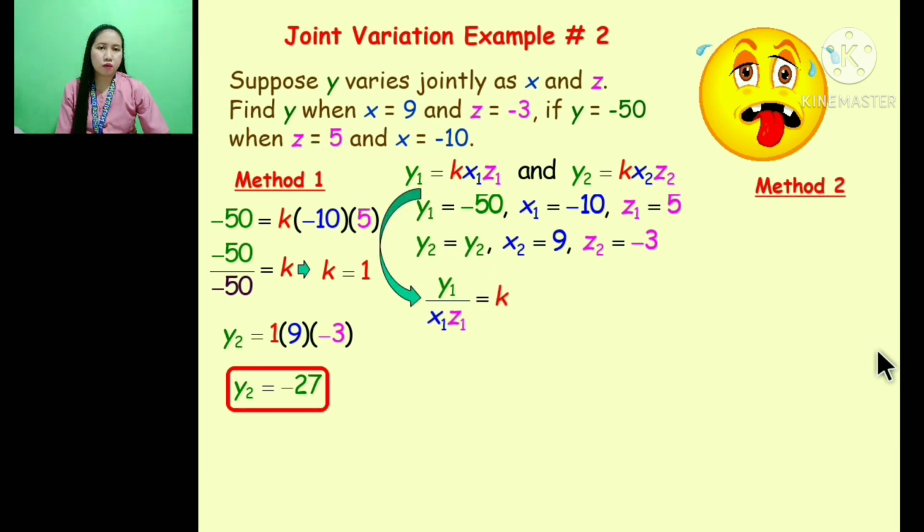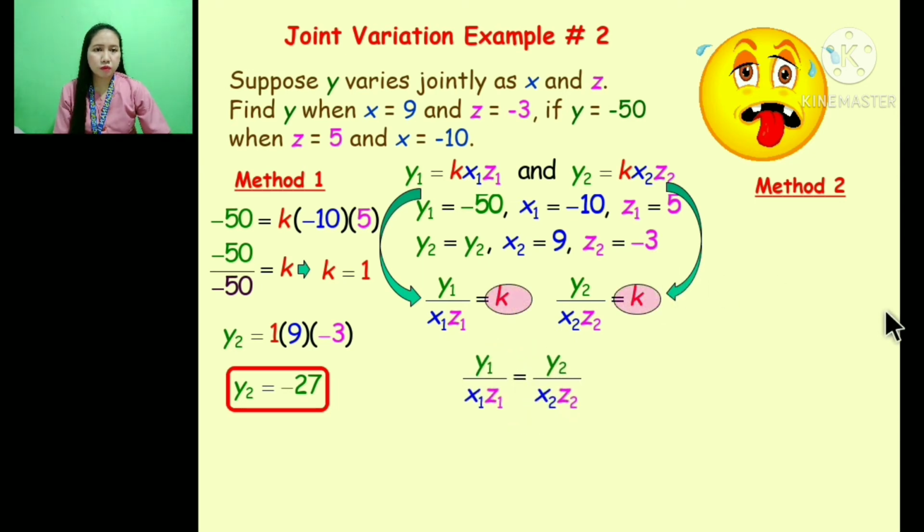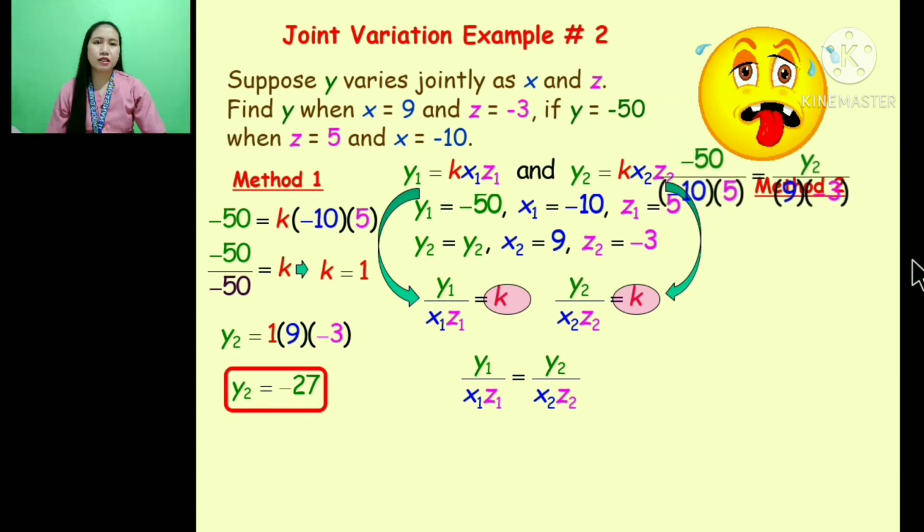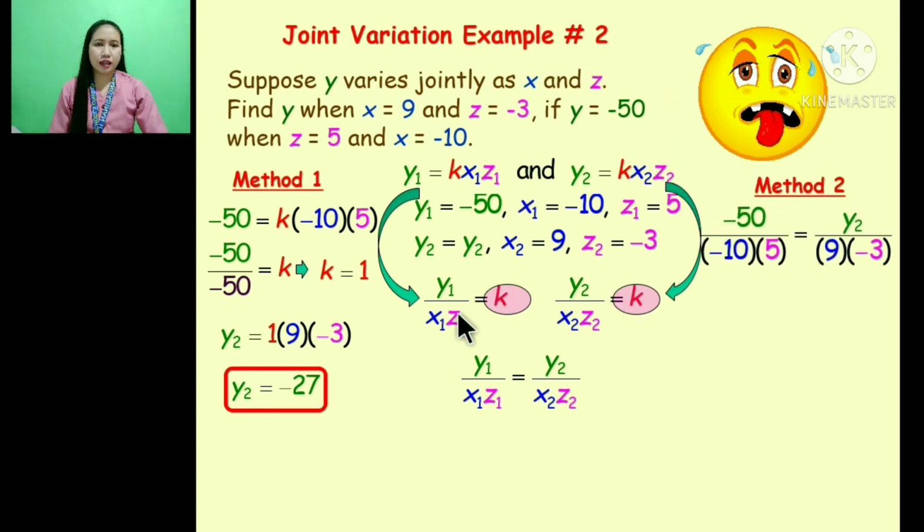Okay, so just like our discussion in our first example in joint variation, we're going to get the equation for the constant and then eliminate the constant. We're going to make these two equations equal. So we have now this equation, and we're going to substitute the values from the givens.